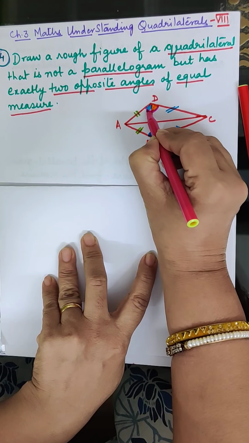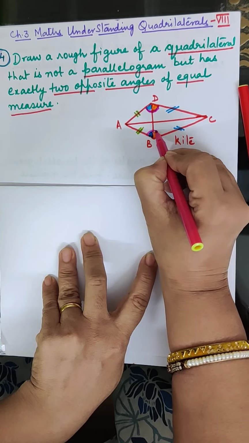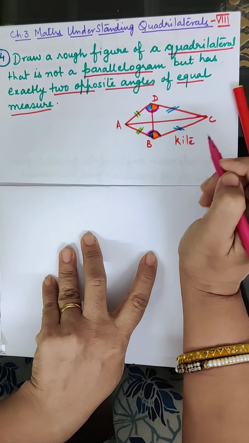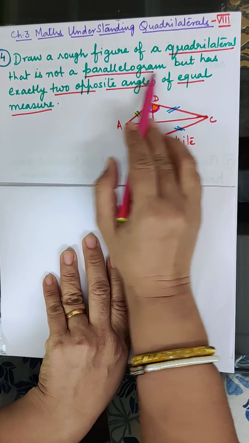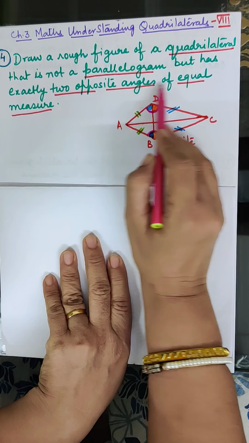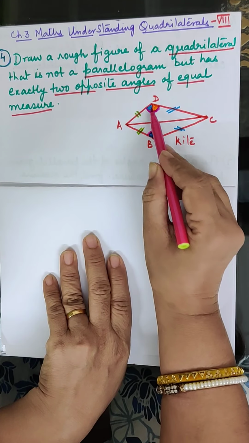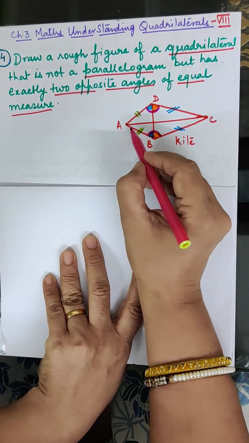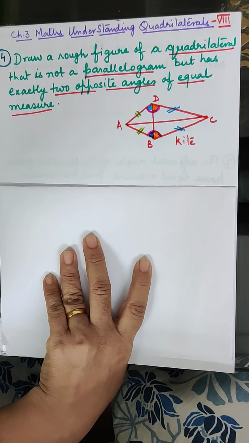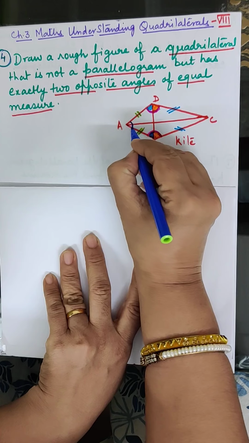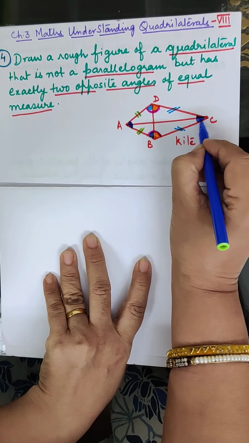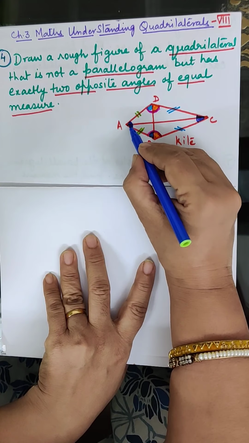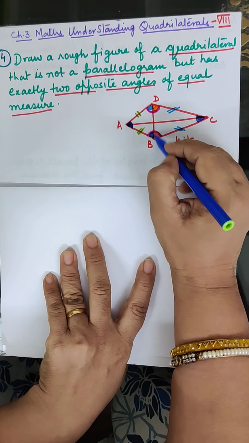That this angle is equal to this angle, right? So this is according to the question. Exactly two opposite angles equal means these are two opposite angles which are equal. But see here, these angles are not equal. These angles are not equal, right? Only these pairs are equal.